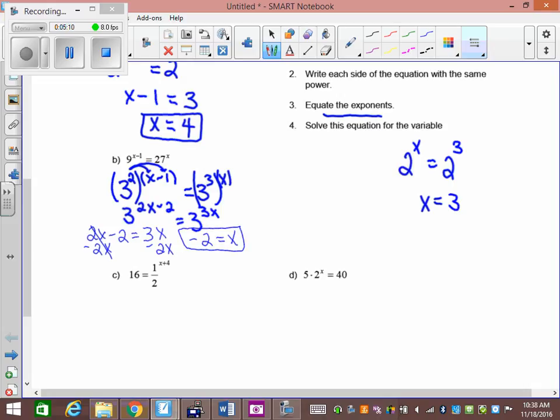9 to the negative 2 minus 1 is 9 to the negative 3. 9 to the negative 3 is, I don't remember. 27 to the negative 2, they actually equal, but I just can't remember what they are. 9 to the negative 3 is 1 over 729.